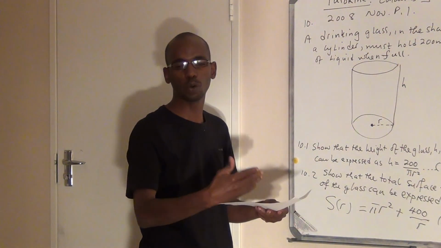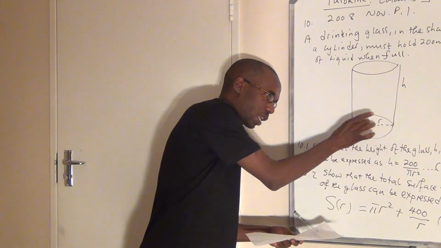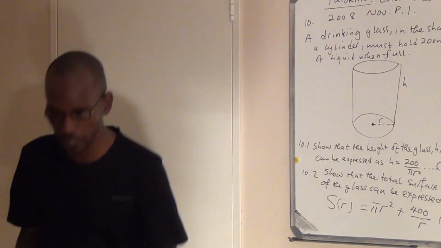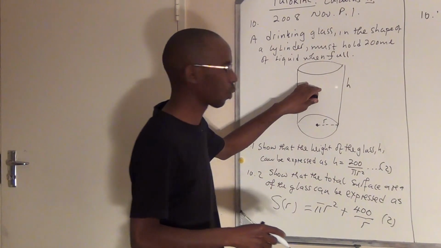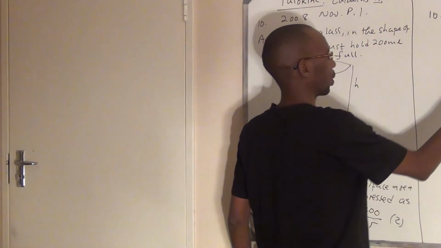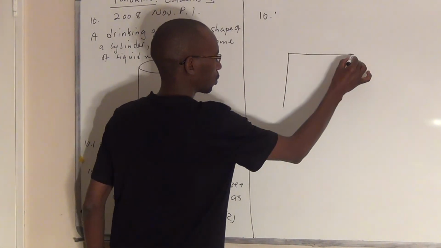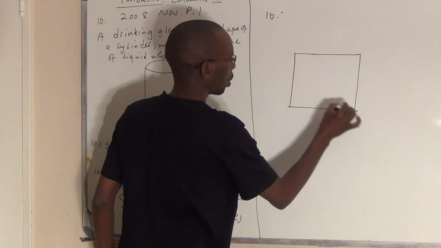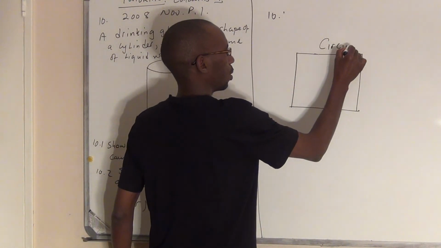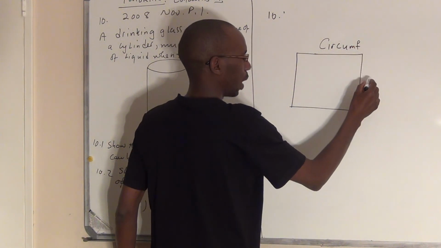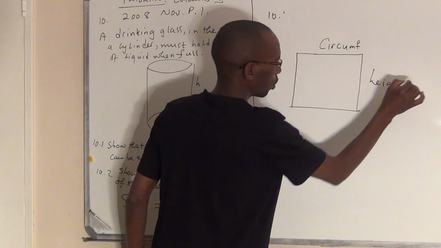Then of course we have to consider the area of this base. What do I mean? When we open up this cylinder, we are going to have the following: what was originally our circumference, then our height, so it's a simple rectangle.